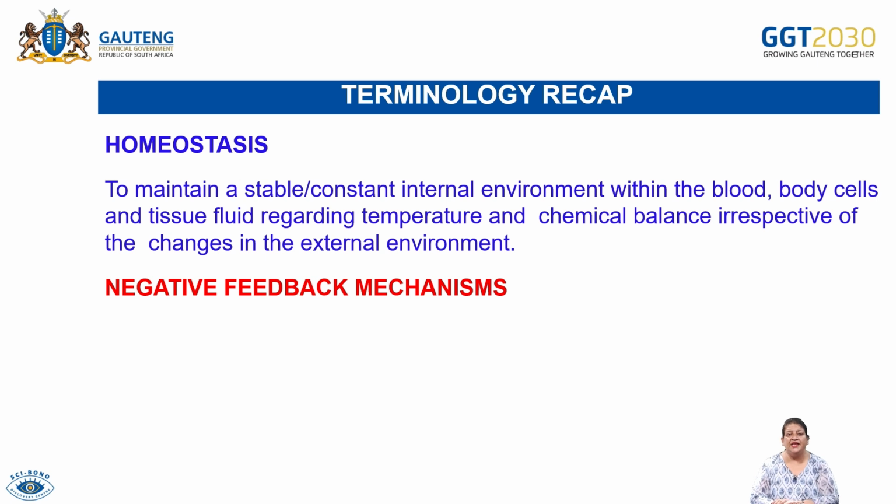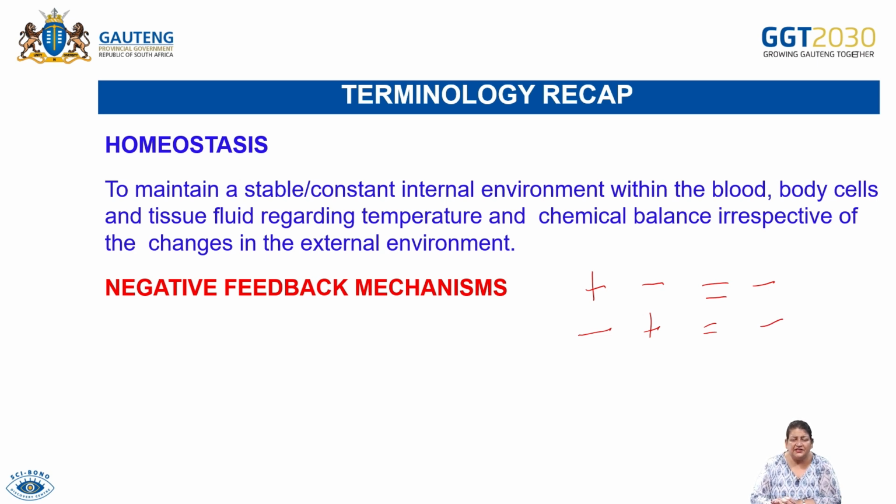Now we speak about a negative feedback mechanism. What does this mean, learners? You learned in maths that a positive and a negative is equal to a negative. Positive, we mean like there's an increase, and a decrease will give you a decrease, or a decrease and an increase will give you a decrease. So this is what we mean.